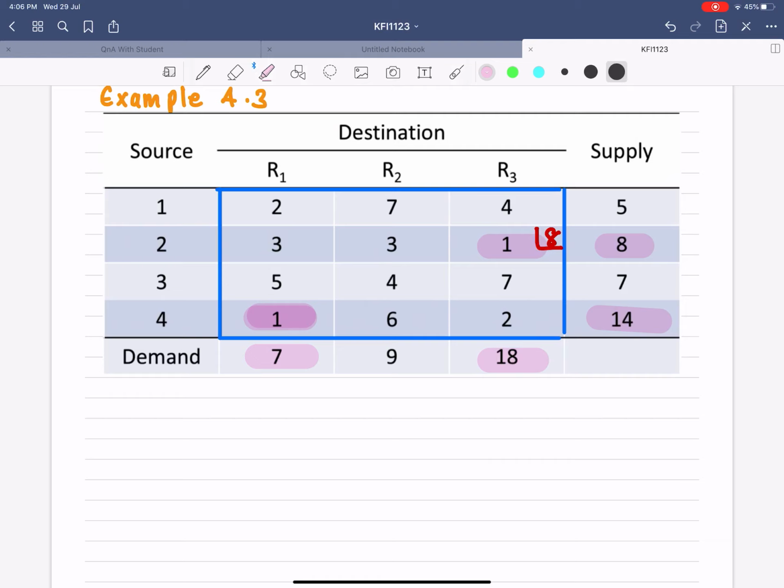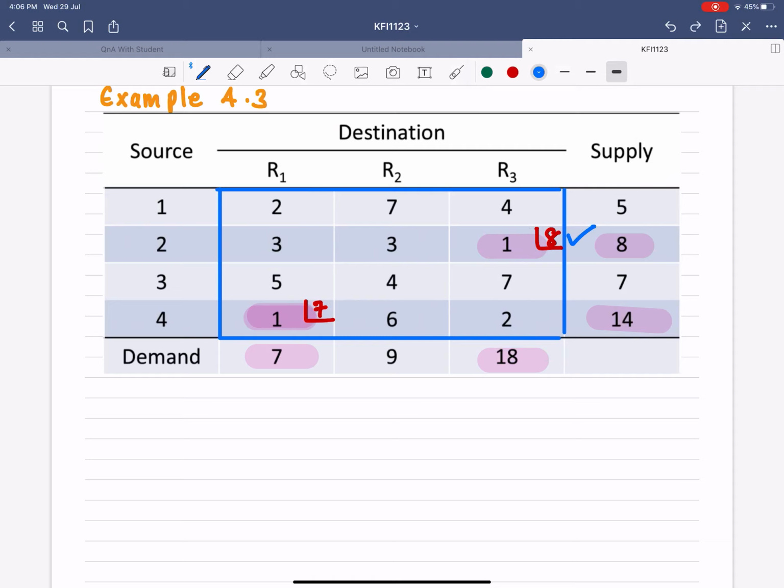So 7 is less than 14, so we should allocate 7. And since 8 is greater than 7, then we should choose this cell to allocate the first value.